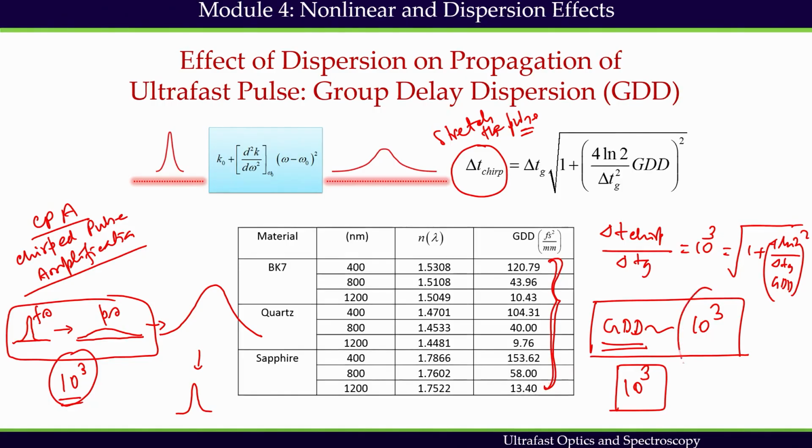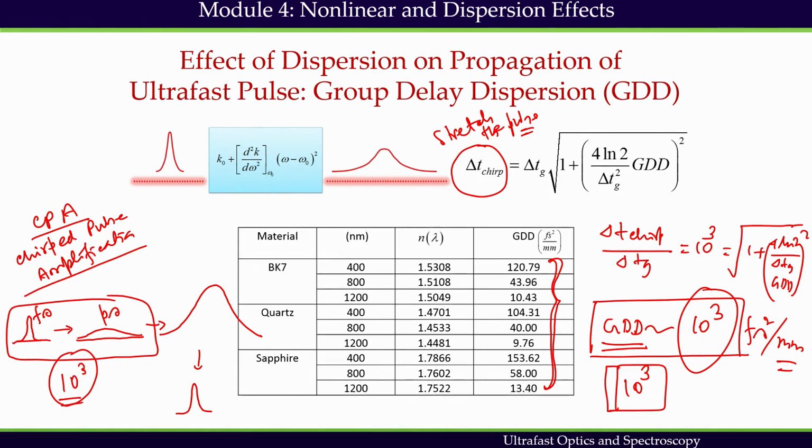I need 10 to the power 3 femtoseconds squared per mm kind of GDD from a medium. No material can actually produce this amount of GDD to achieve the desired pulse stretching in the CPA scheme.